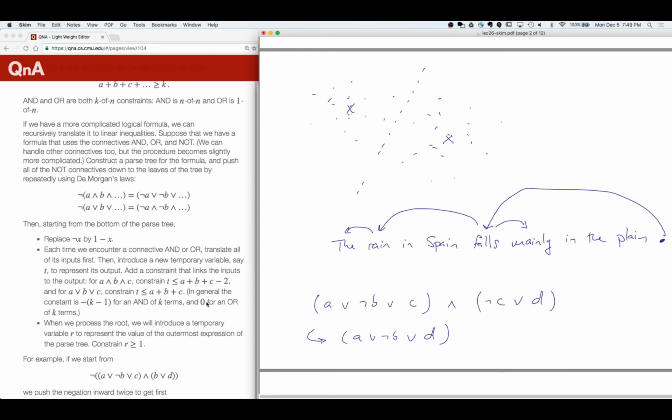And so now what we've done is we've gone up the tree, and we've substituted in constraints for each one of the connectives, and there's a temporary variable. And then at the top of the tree, we'll introduce a new temporary variable that represents the value of the root connective of the tree, the outermost expression.